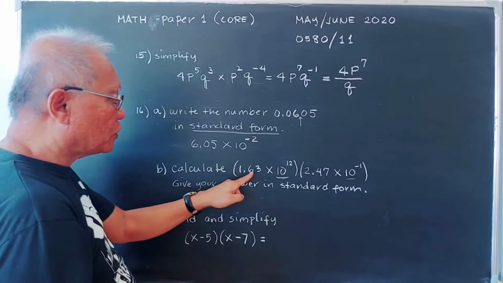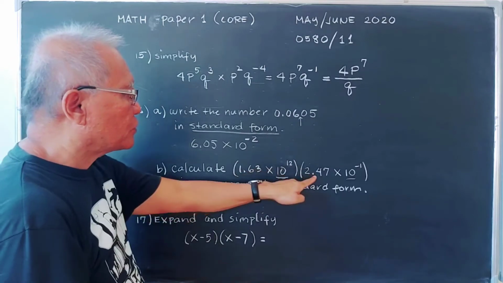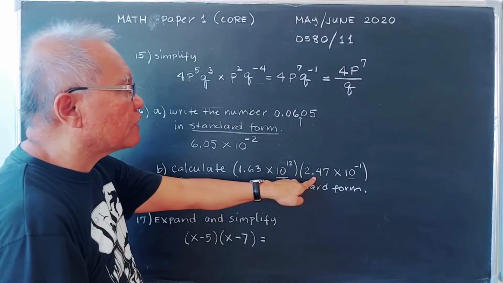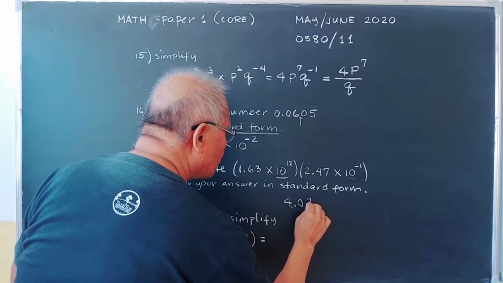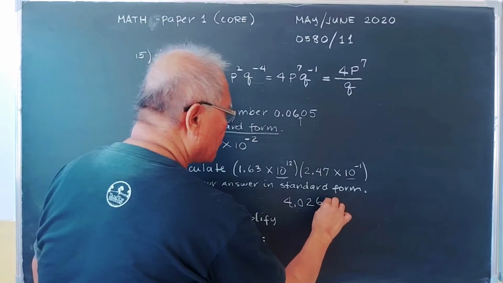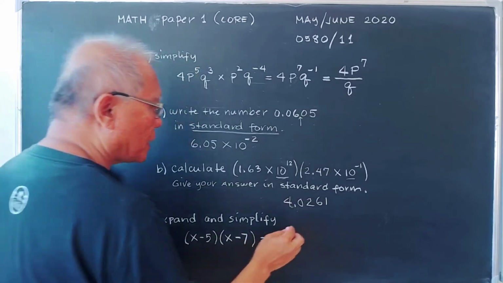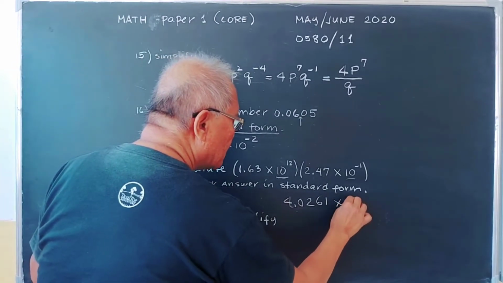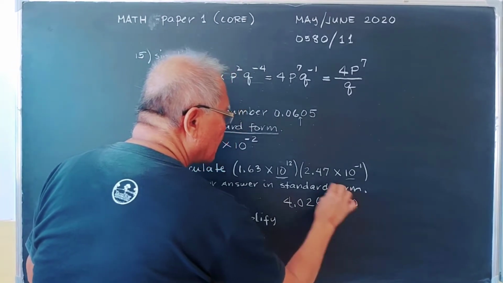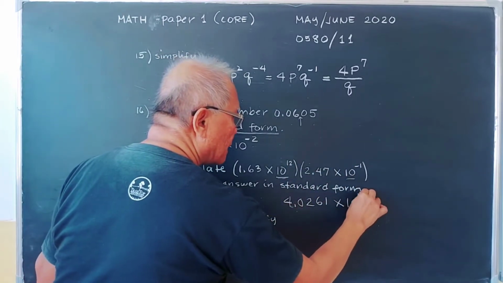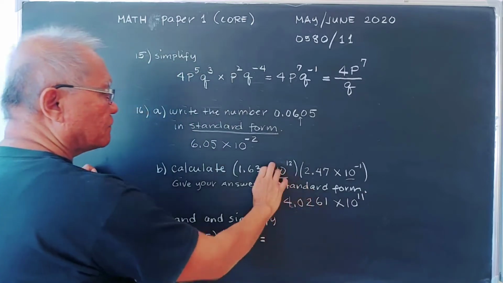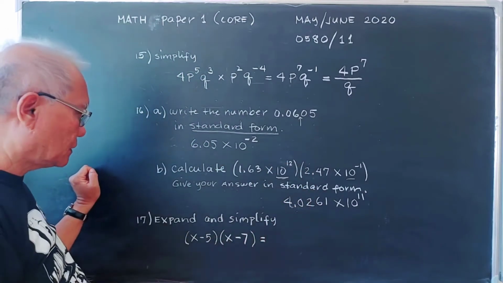Multiplying 1.63 times 2.47 gives 4.0261, and then we add 12 plus negative 1, which is 11. So this is the standard form of the product.